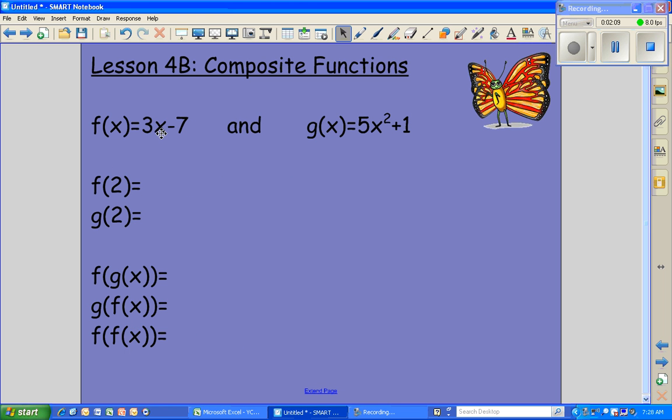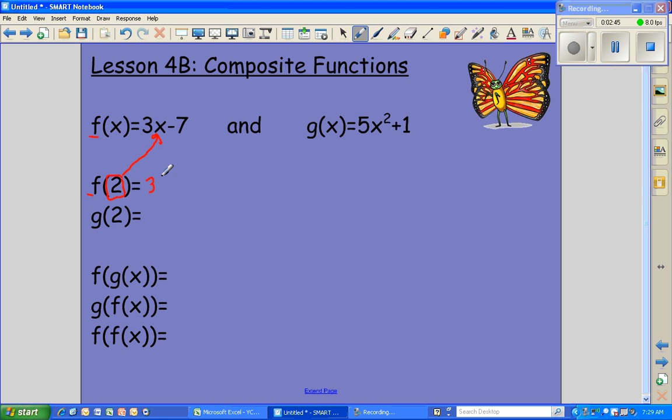Here we have f of x is 3x minus 7, and a separate function, g of x, is 5x squared plus 1. Now, I'm going to work with numbers to begin with just to help you get an idea of what's going on. So if I asked you, from lesson 4A, to evaluate f of 2, this tells you to take this value 2, what's in parentheses, and plug it into the f function, because that's the one it's telling you to work with.